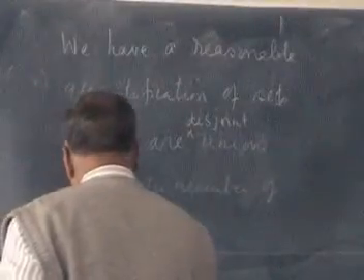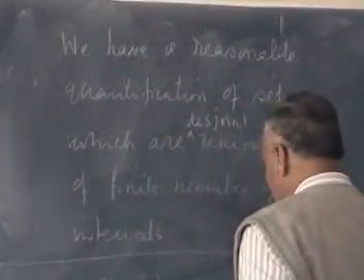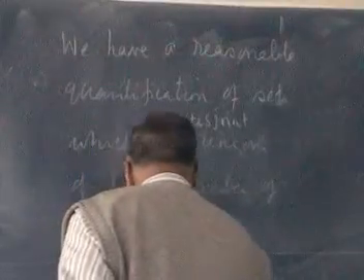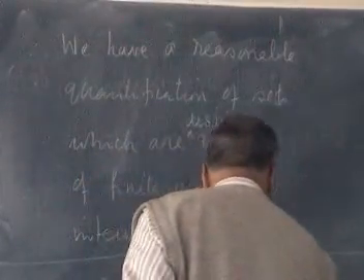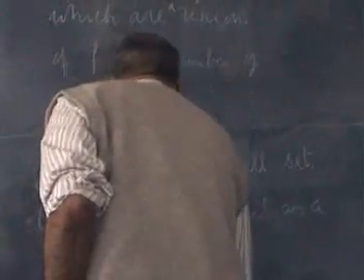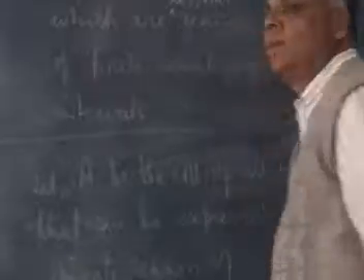Let A be the collection of all sets that can be expressed as a finite union of intervals. Now I am not saying finite union of disjoint intervals. I am just saying finite union of intervals. They may not be disjoint also.